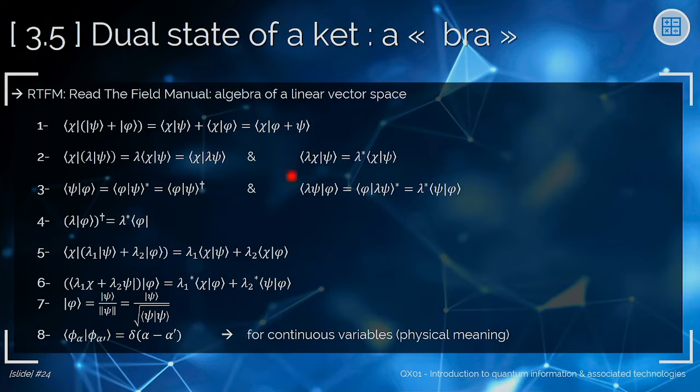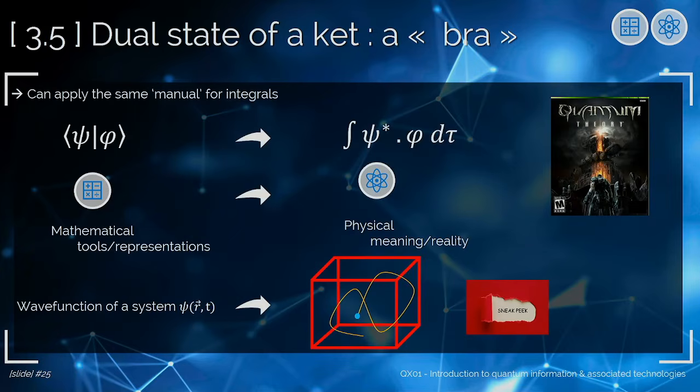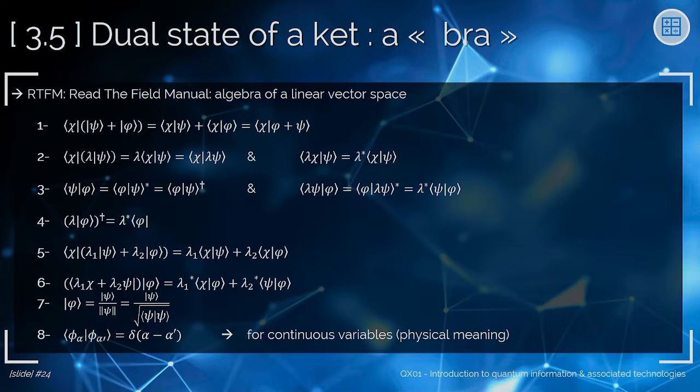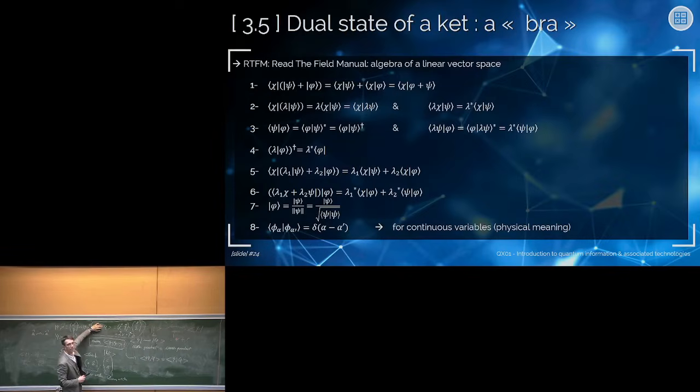But if I do lambda chi psi, then because it's on the other side, in the dual space, when I take it out I have a complex conjugate number, because I have to have this complex conjugate property. In this space, I have to take the complex conjugate of the numbers. So this is very important.